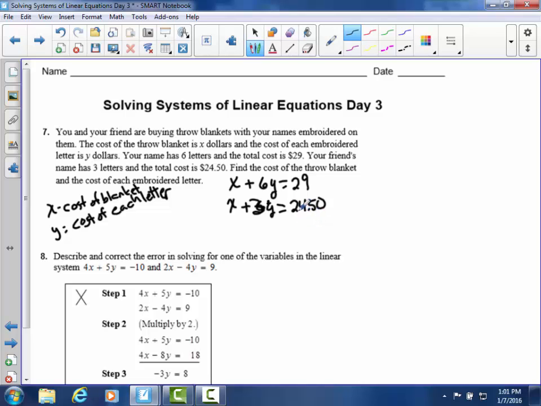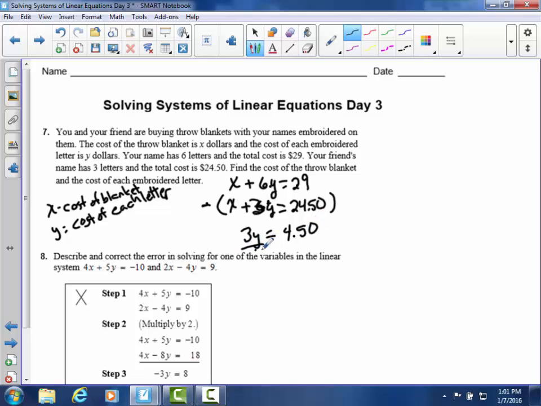Okay, so I'm looking here as far as solving goes. If I solve by elimination, these coefficients are the same, so I would want to subtract this equation. So x take away x is 0, so I don't have to worry about x anymore. 6 take away 3 is 3y, and 29 take away 24.50 is going to be 4.50.